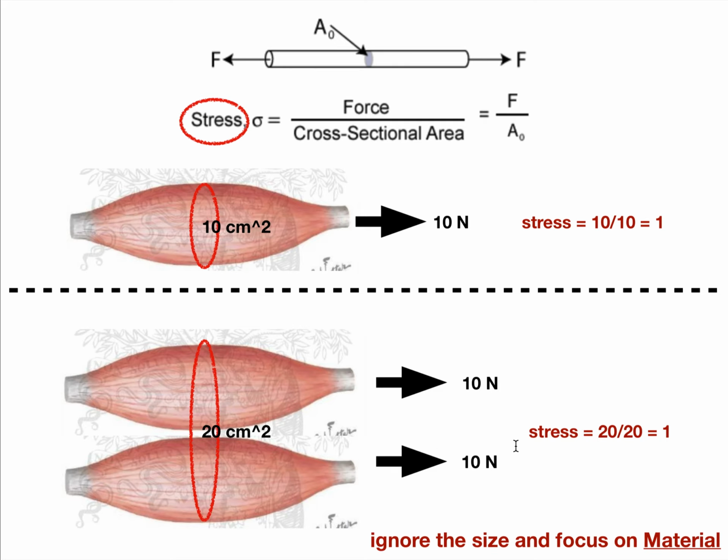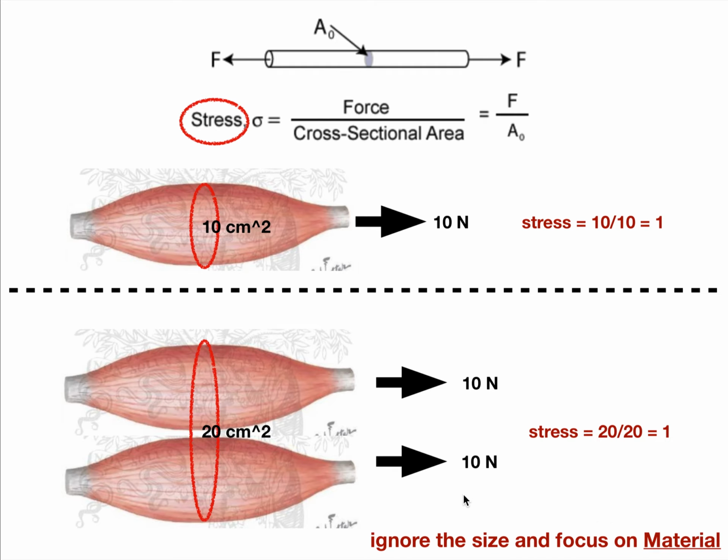We use total force divided by total cross-sectional area, which will be 20 over 20 equals 1. So you can see, wow, even though the muscle size is pretty different, the stress when you calculate is the same. That means actually we're ignoring the size of the object and we're only focusing on material.